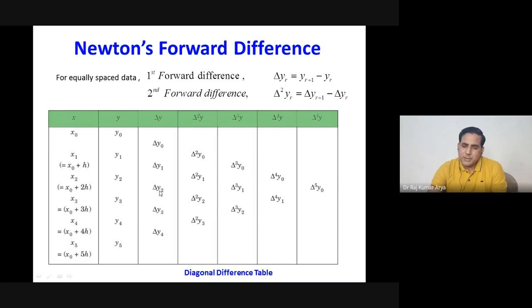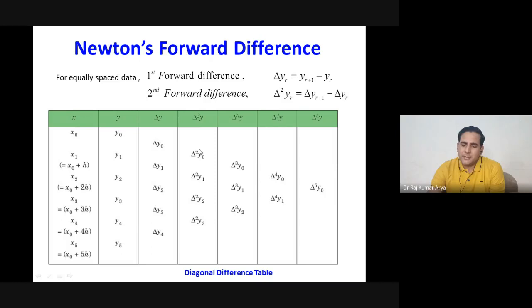In the same way, delta y2 minus delta y1 would be del square y1, and delta y3 minus delta y2 would be del square y2, and then you will calculate del square y3 in a similar manner. So this column is known as your second difference column.